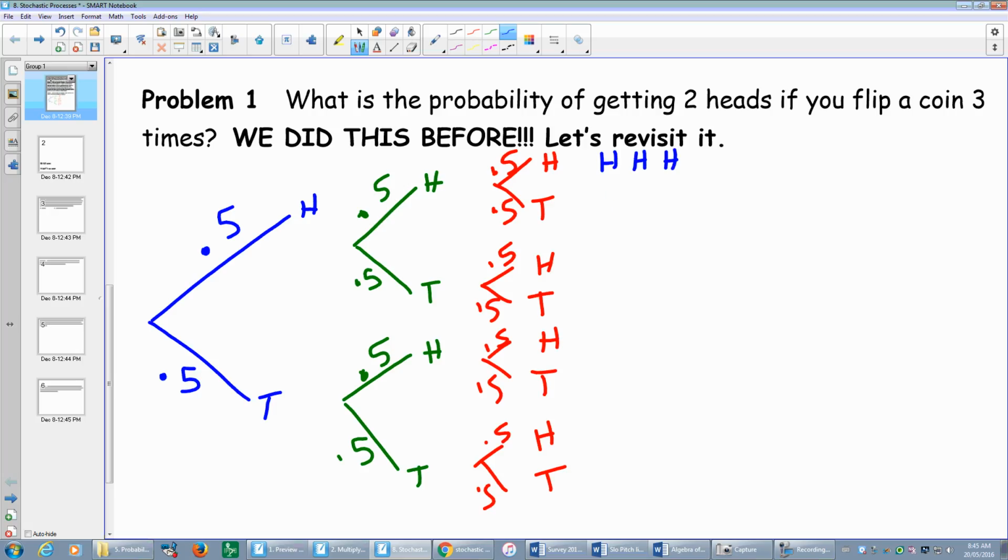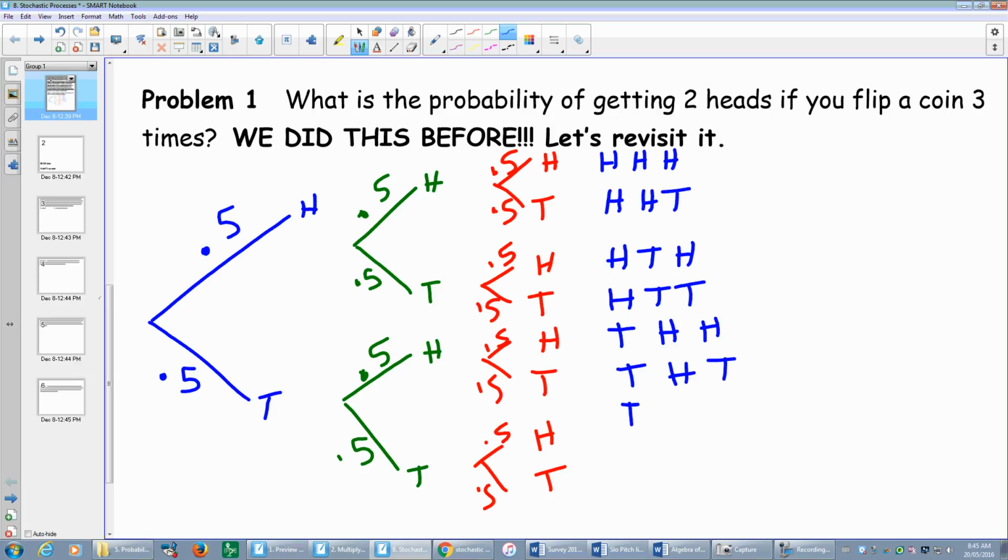My next one is a head, a head, and a tails. Over here, I have a head, a tails, and a head, then head, tails, tails. Then I can have tails, head, head, tails, head, tails. Then I can have tails, tails, head, tails, tails, tails.